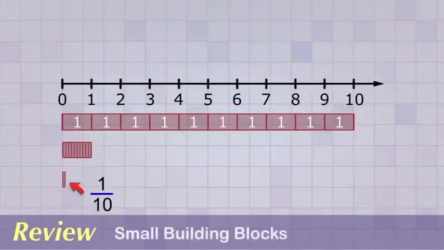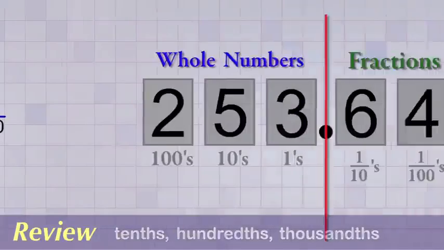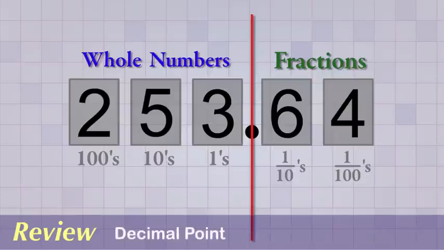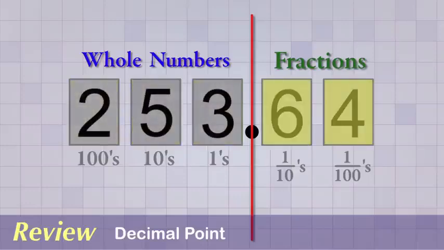There are also very small base 10 building blocks, fractions that are smaller than 1, that help us make really small numbers. These building blocks have names like tenths, hundredths, and thousandths. The decimal point is a separator that goes between the number places that count values of 1 or greater from the number places that count values smaller than 1.